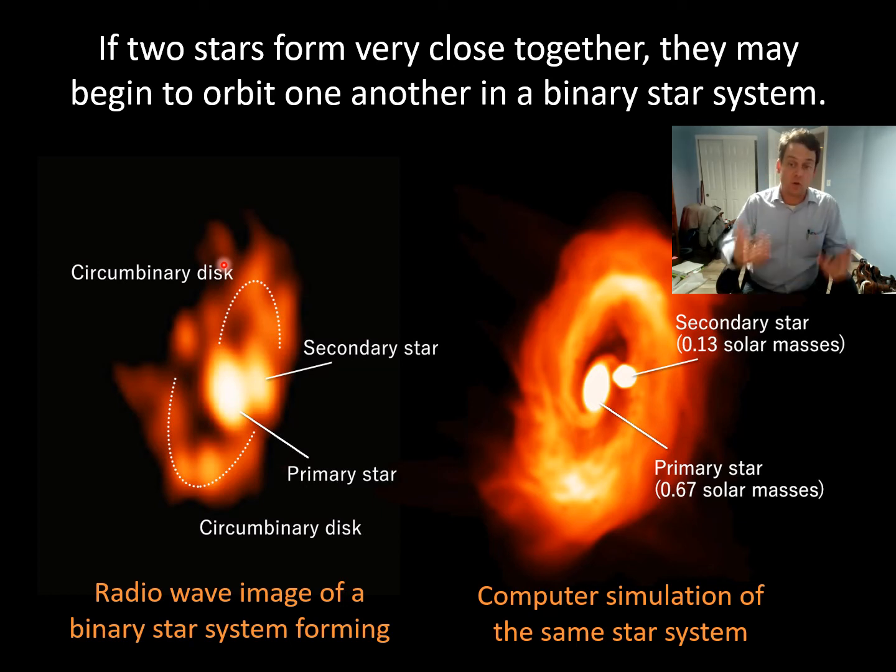That may evolve into planets later on. I told you that people spend their career simulating these things. On the right, we have a computer simulation of the same star system, and you can see it gets it pretty well. Pretty good agreement, at least visually there.